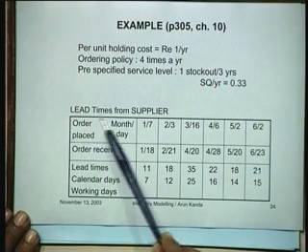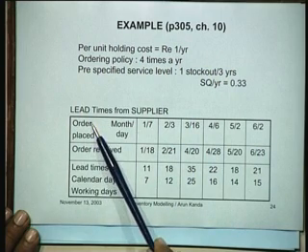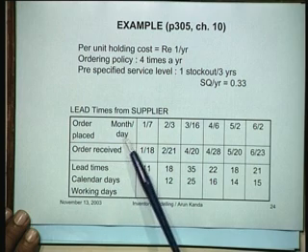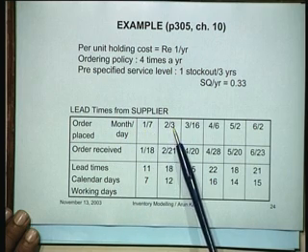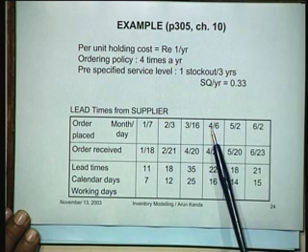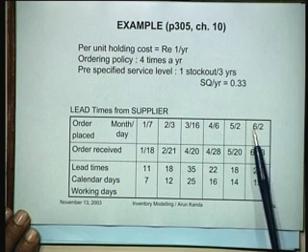So if you talk about the lead time, what kind of data would you have? You would typically have data of this nature, which would say when the order was placed. So it was ordered, for instance, on the 7th of January, then the 3rd of February, the 16th of March, the 6th of April, the 2nd of May and the 2nd of June.